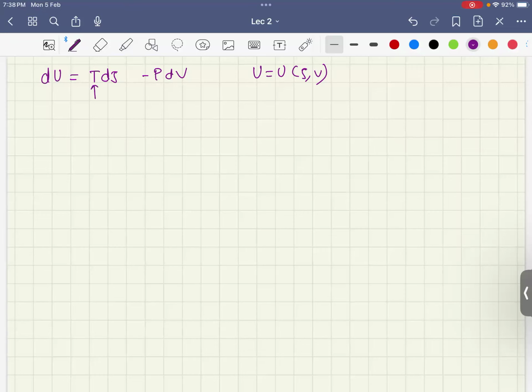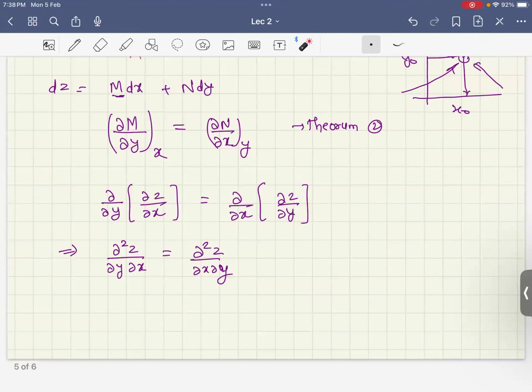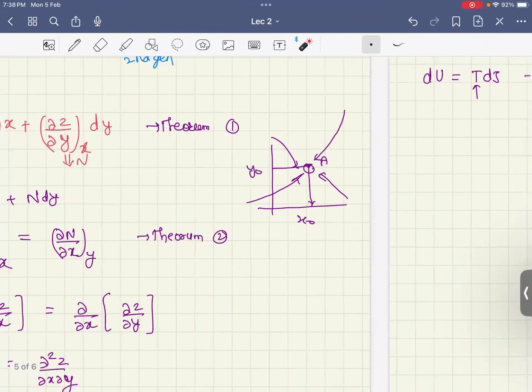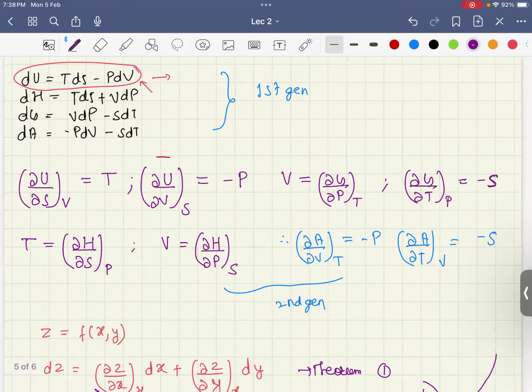If I compare this one with this one, my m is going to be this, this is my y, this is my n, and this is my x.